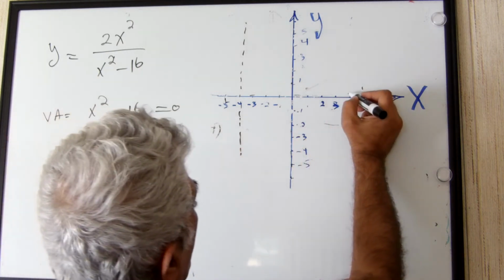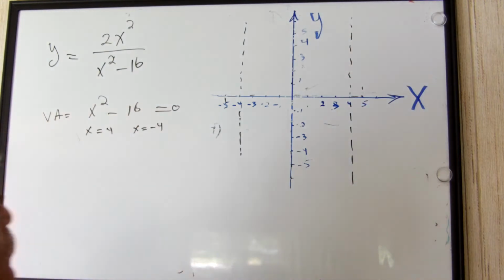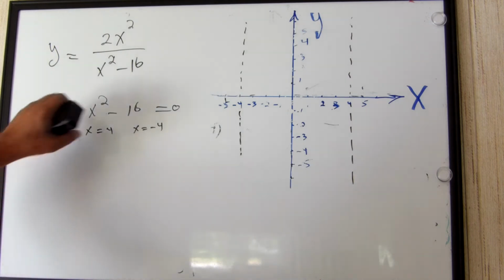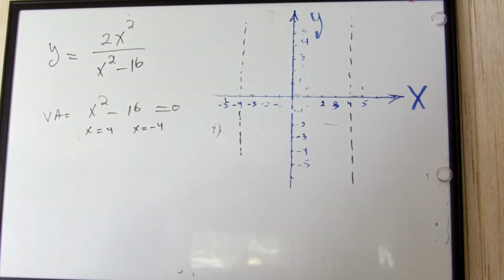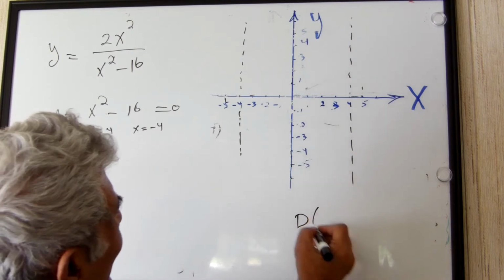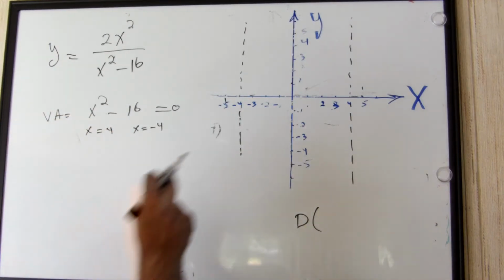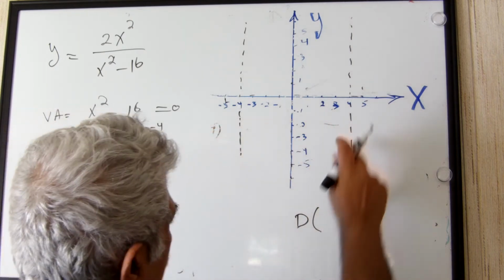So there are two vertical asymptotes here, because we set the denominator to 0. Any number is in the domain, any number we can give, except minus 4 and plus 4.